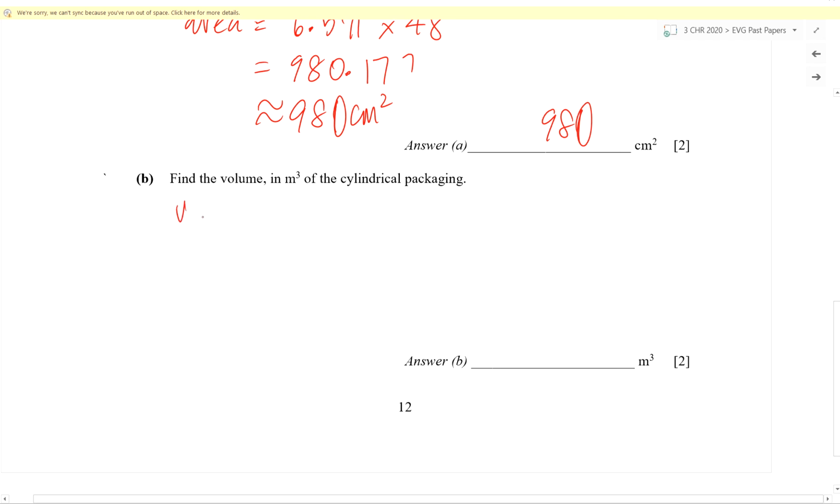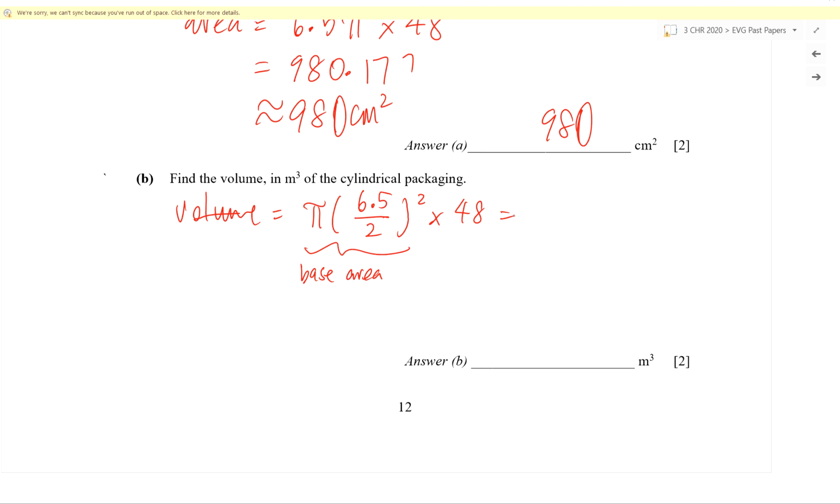Volume equals to pi r, which is 6.5 over 2 square. This is the area of the base. Base area. So we need to multiply by 48, which is the height, which results in 1592.79 cubic centimeters.